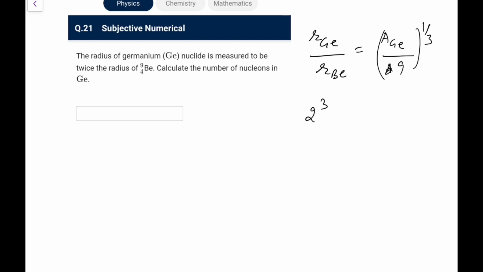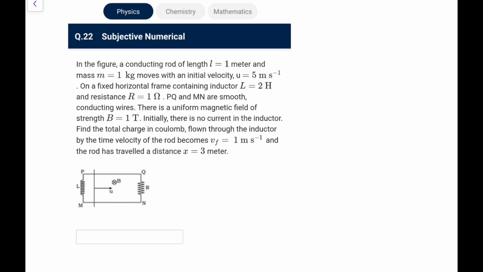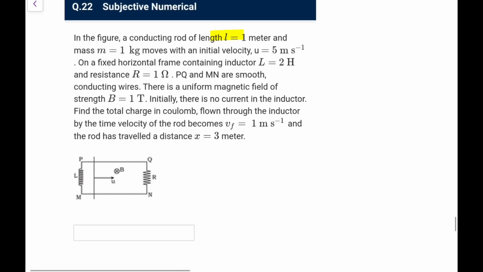So 2 cube would be equal to a of germanium by 9. So a of germanium would be, as this nuclide is 9, 9 into 8, that is 72. So germanium number of nucleons is 72. That's an easy one.